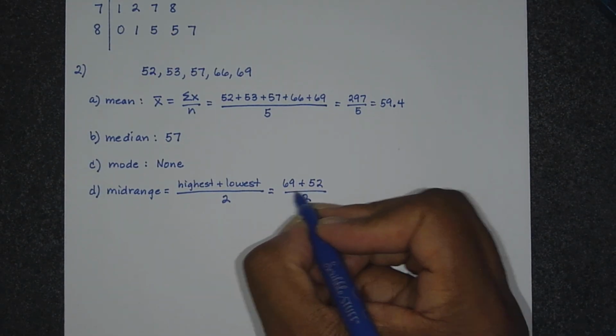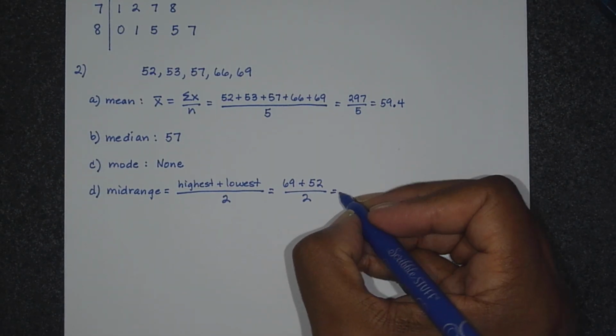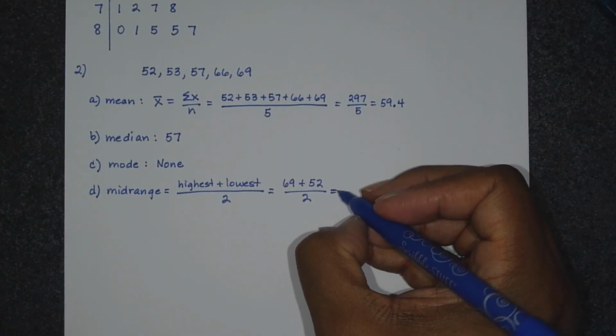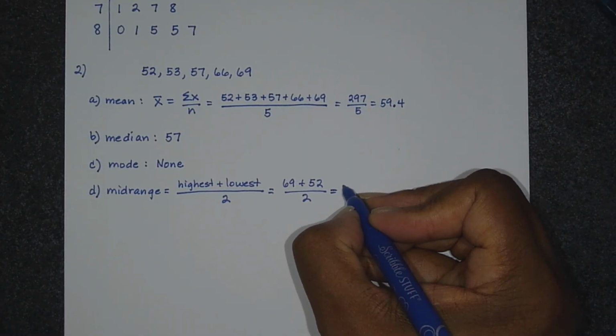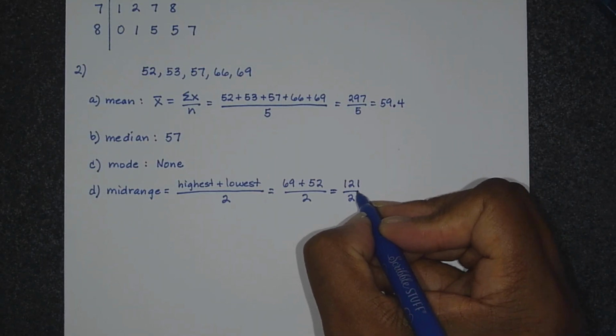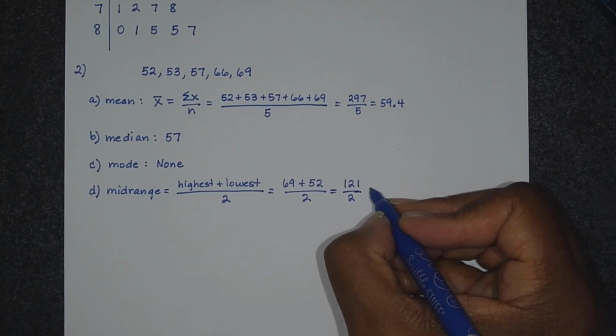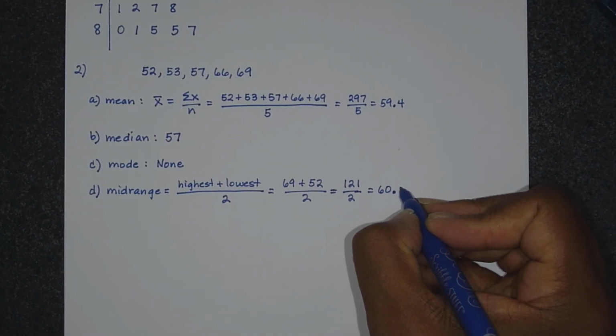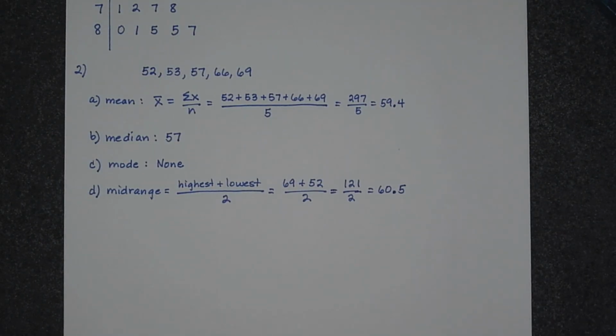Now add 69 and 52 together, and we get 121. And 121 divided by 2 would give us 60.5. So the midrange of this data set is 60.5.